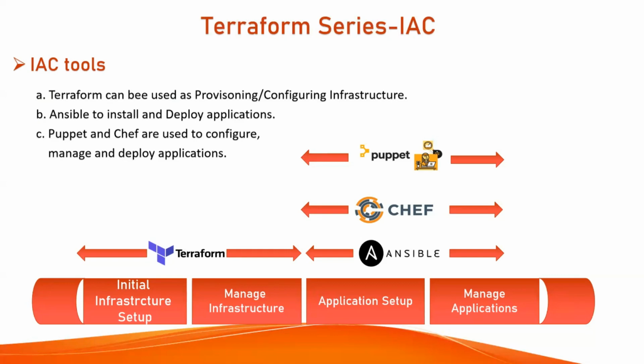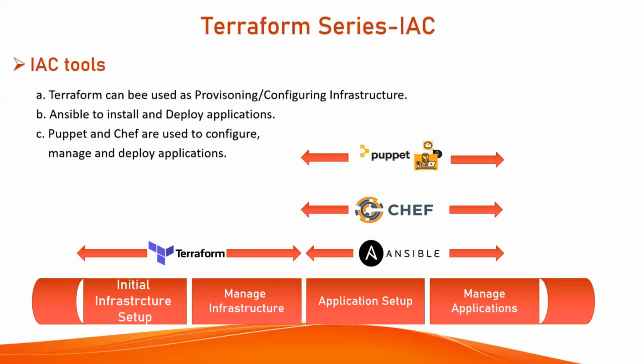The second thing is application setup and managing the applications. Now you have done the infrastructure setup, and you have provisioned the application server. It is time to install the necessary software or configure the application. Ansible, Chef, and Puppet help you configure or install your software. If you want to install Tomcat and configure the HTTP connection, Ansible can help you.